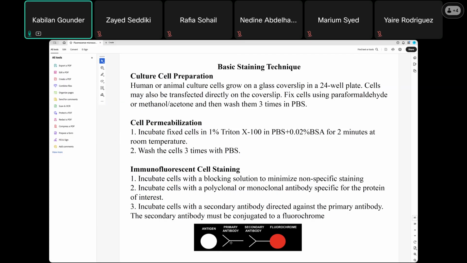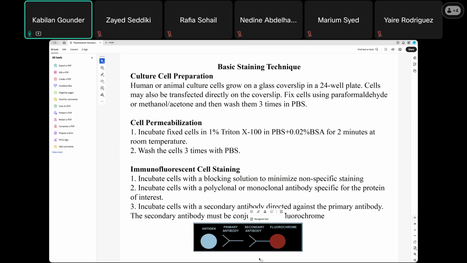So you can use a secondary antibody that is conjugated with the fluorophore, and this antibody will bind to the primary antibody because it is of the same IgG class. So this is a typical protocol.